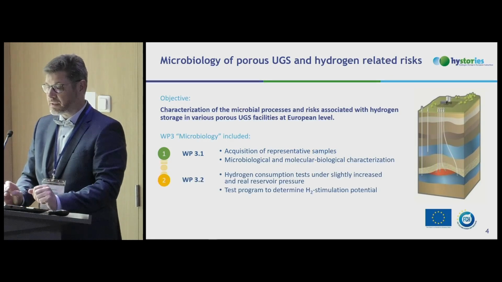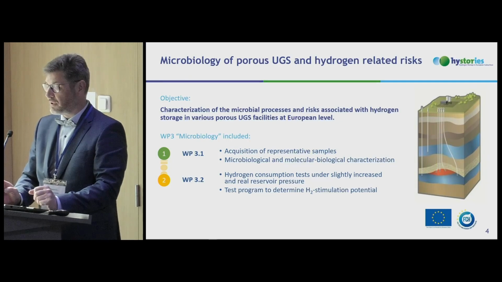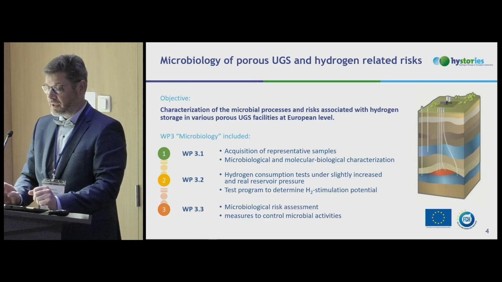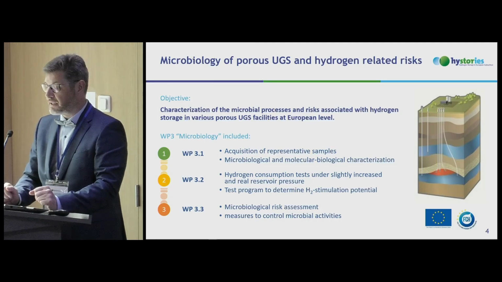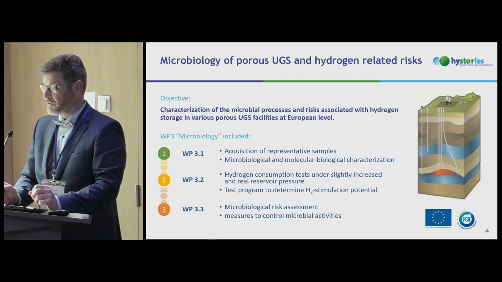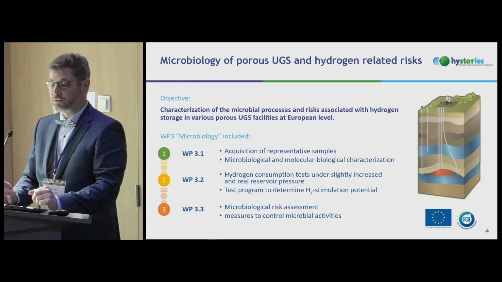In addition, simulation tests under increased pressure and real reservoir conditions were carried out with these samples to determine the stimulation potential of hydrogen. Based on these laboratory tests, guidelines for the risk assessment of the reservoirs for hydrogen storage were developed. Another task was to develop measures to control microbial activities.